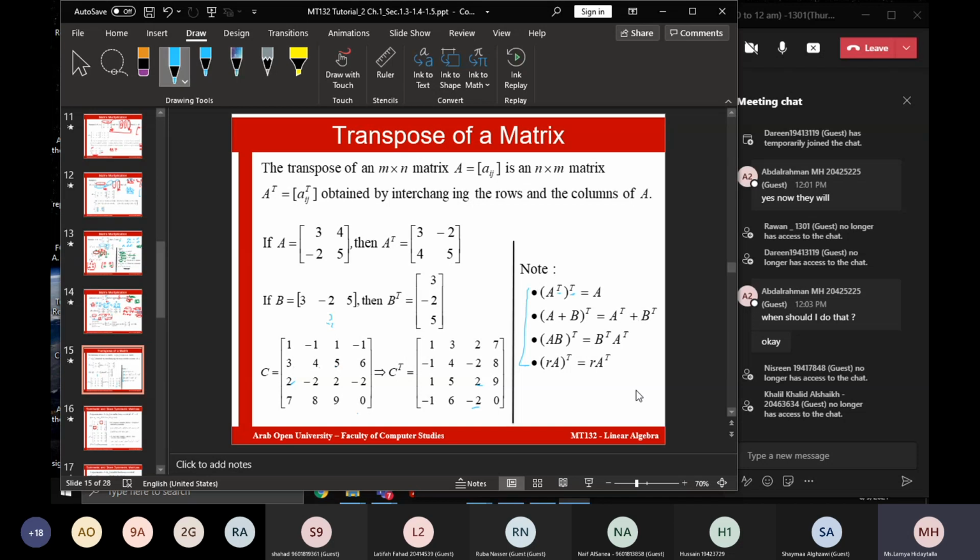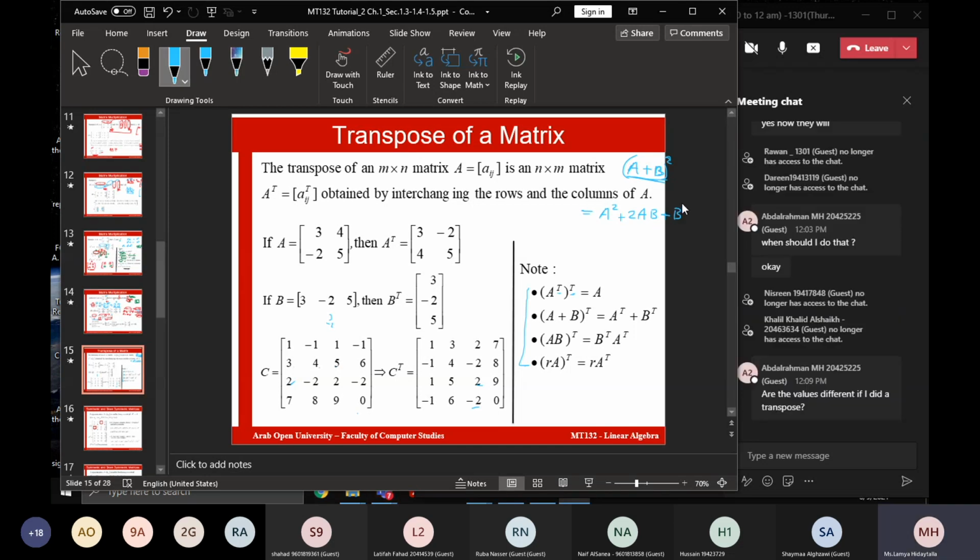It's not like when we have A plus B square. What is this equal to? If I have matrix A plus matrix B, the whole square. This is equal to what? Is it equal to A square times B square? Is it equal to A square times B square only? No. This is A square plus 2AB plus B square.